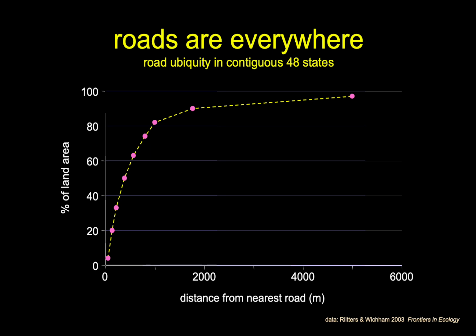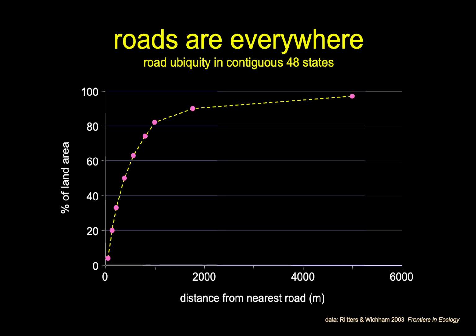How about this? What's going on here? How could roads be almost 100% of all land area? What's this variable? Distance from the nearest road.